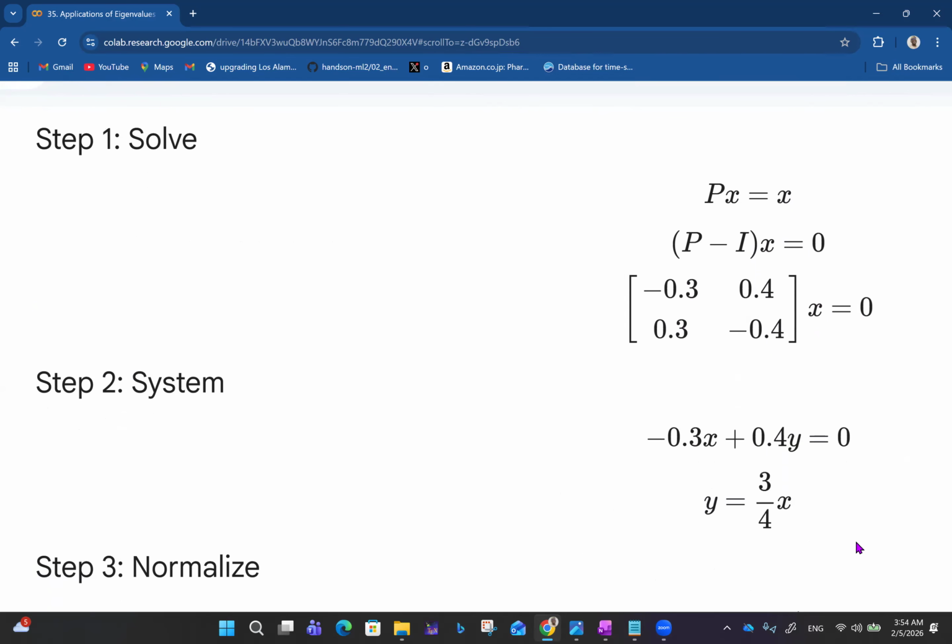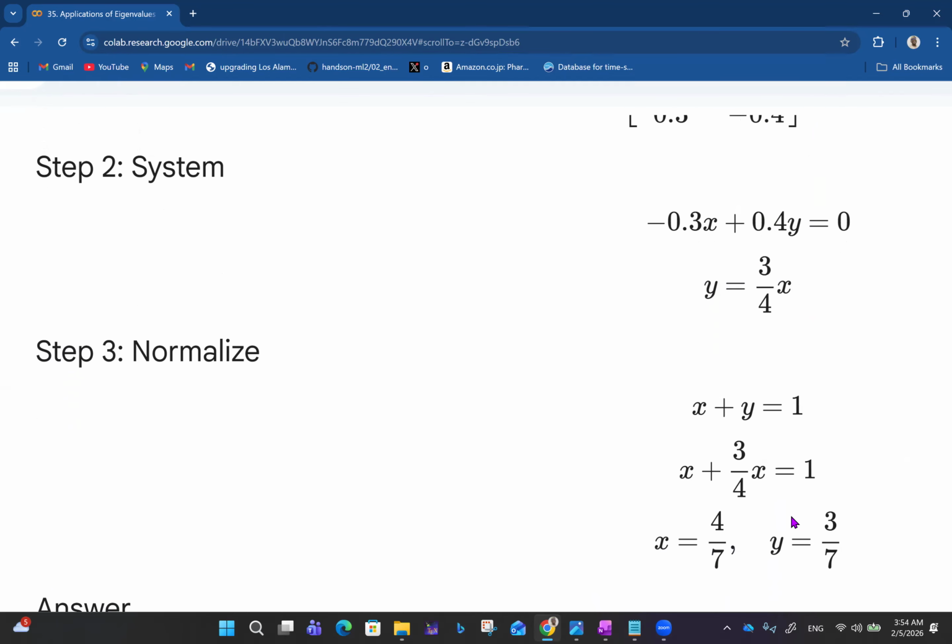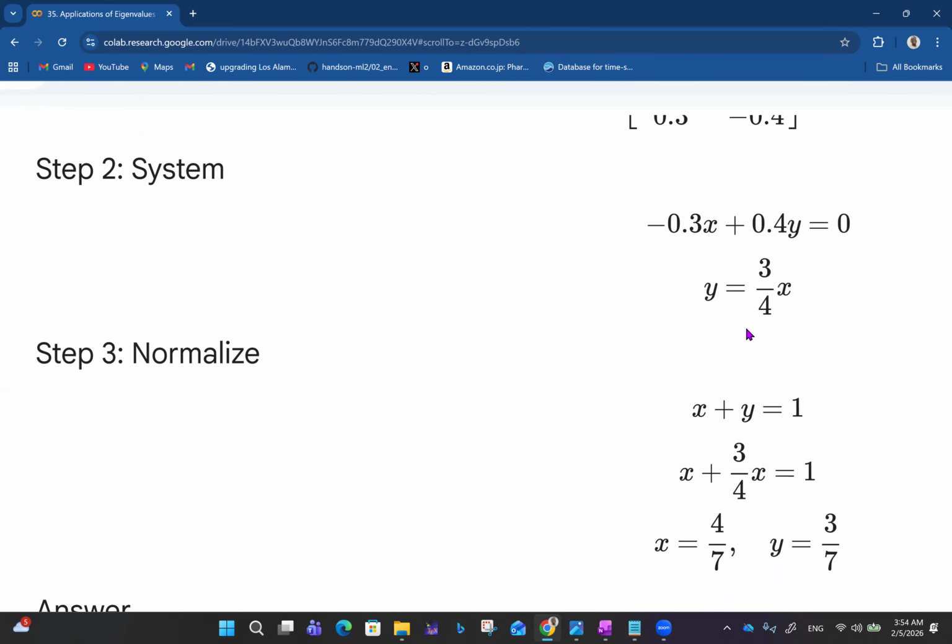In this case, we need to find the values x and y. We see minus 0.3x plus 0.4y equals 0, and the other equation gives the same kind of thing. So generally speaking, y equals 3 over 4 x. Now we normalize: since we are dealing with probability, x plus y must be equal to 1.